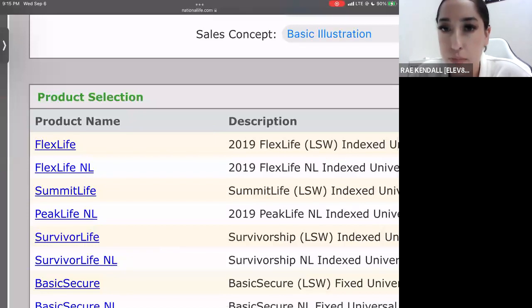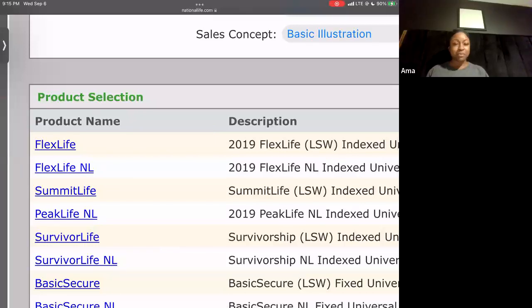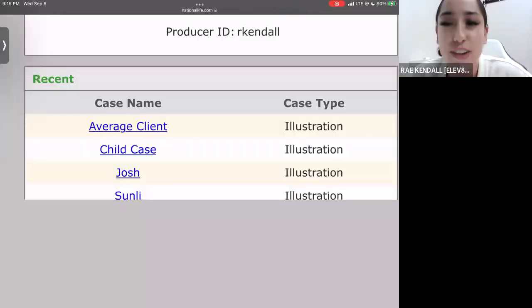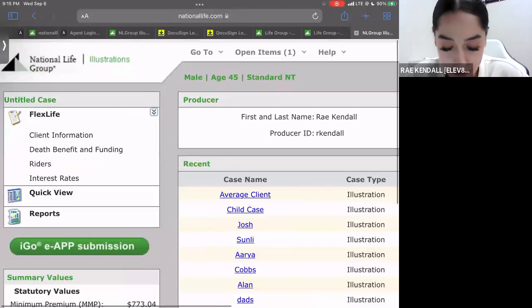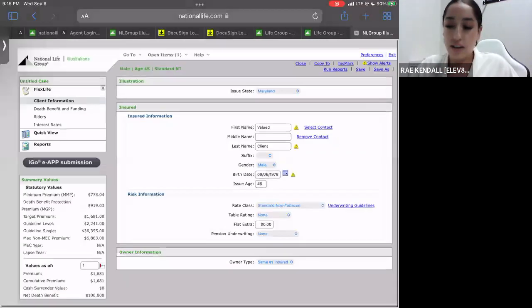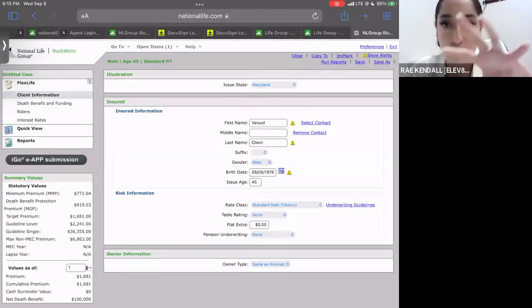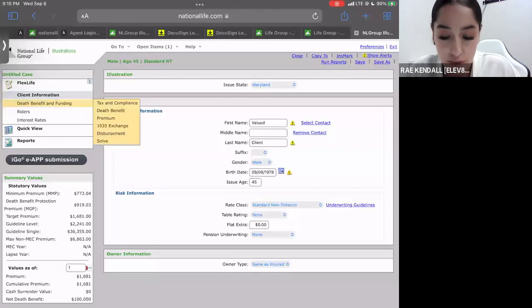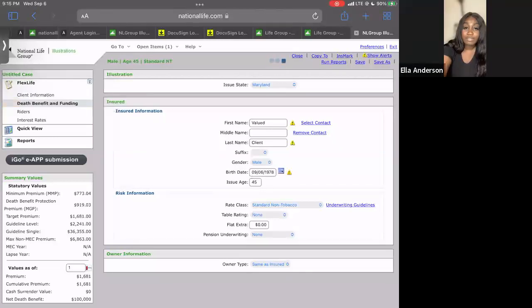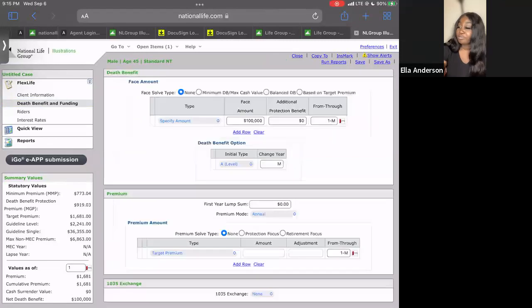Look at y'all. Y'all ain't even paying attention. I was about to say, why NL? I thought you said don't choose that. Yeah, we go to Flex Life, right? Never NL because I'll have a heart attack. You customize the client information, and then you go into death benefit. I will also have a heart attack. Yes. Low key, high key.